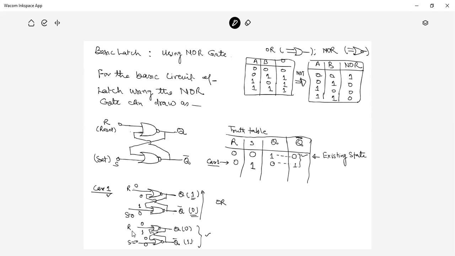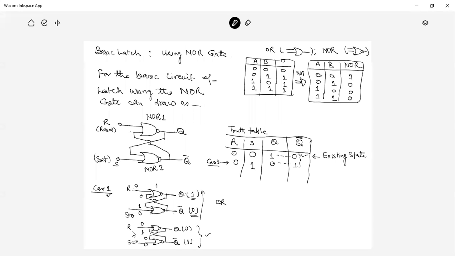The inputs are 0 and 0. Q is 1 and Q bar is 0. So here Q is 0, so this value is 1. You can say this is NOR gate 1 and this is NOR gate 2.